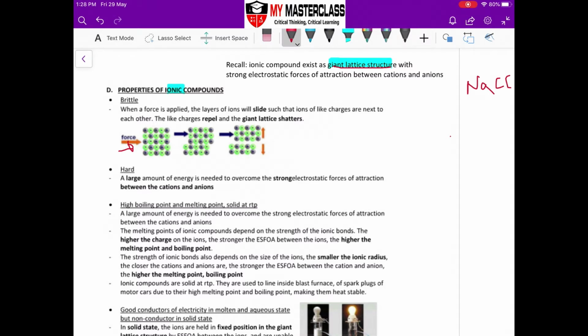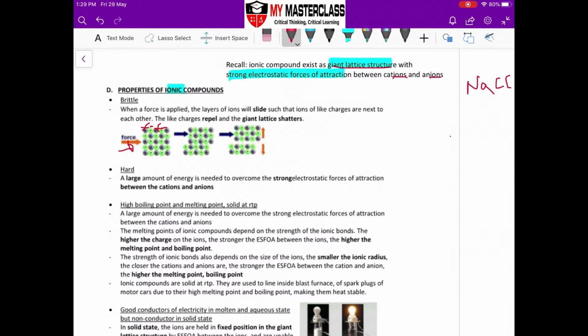We have a sodium ion attracted to the chloride ion, attracted to the sodium ion, attracted to the chloride ion, and this attraction keeps repeating in a three-dimensional structure called the giant lattice structure or the giant crystal lattice.